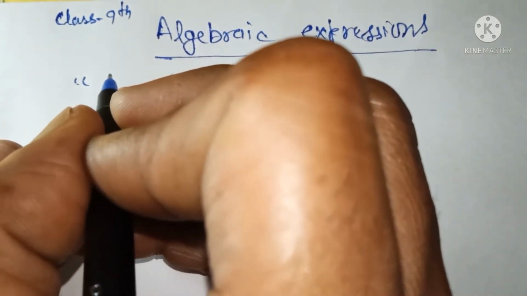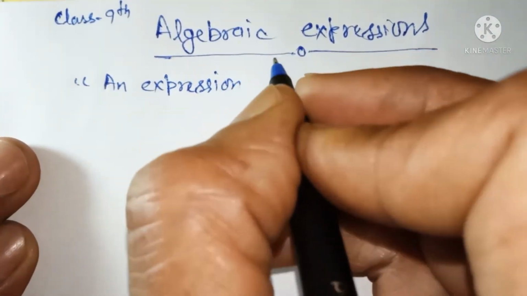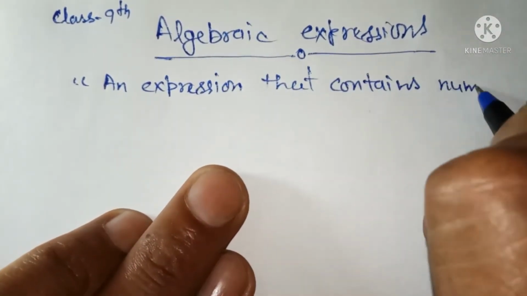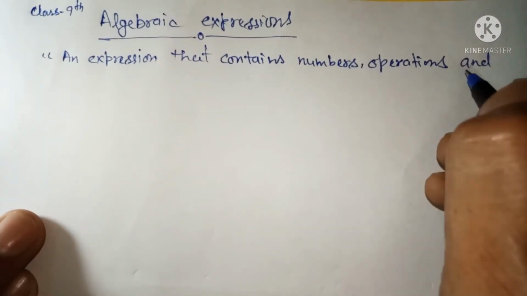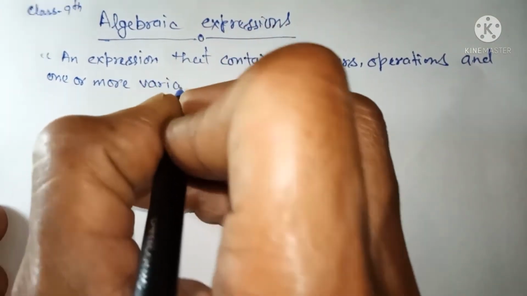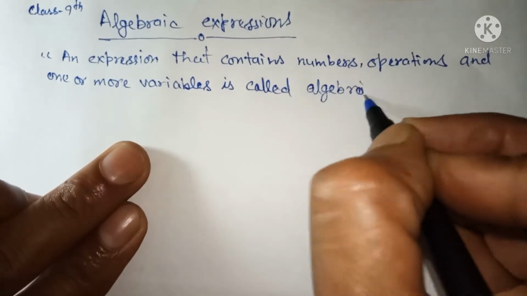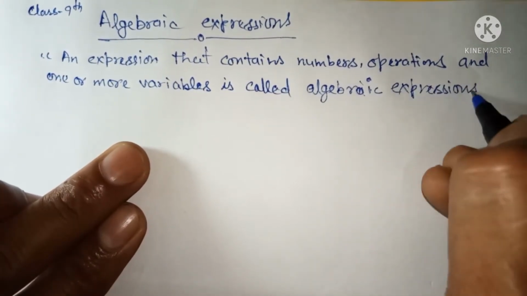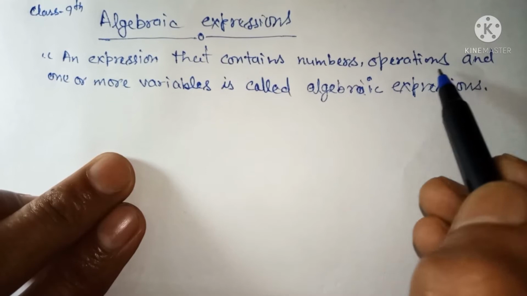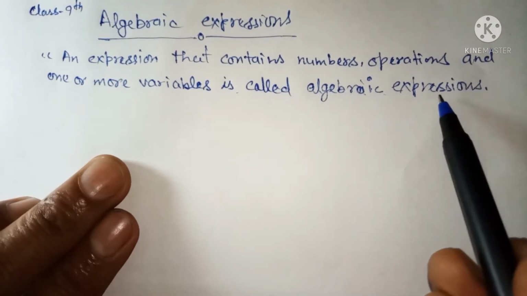We can define it as: an expression that contains numbers, operations, and one or more variables is called an algebraic expression.